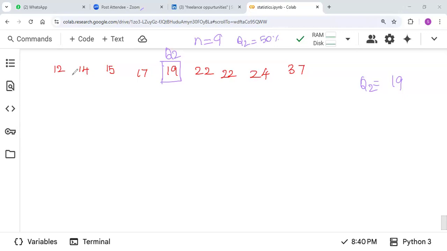Again, here this is the first half. This is the second half. Right? So in the first half, you want to identify the median. So what is the median? This is an even number, so you want to add these two values and divide by 2. So what is the answer? 14 plus 15 divided by 2.